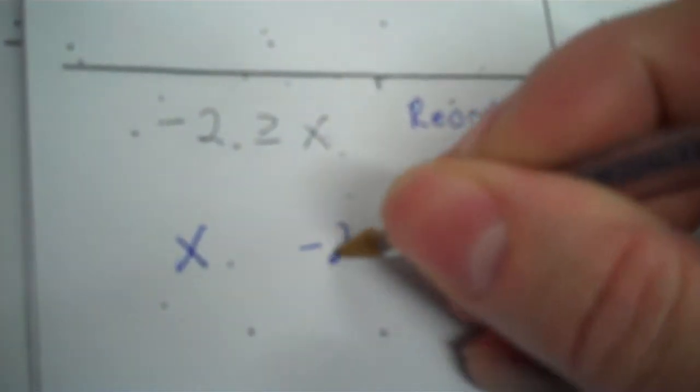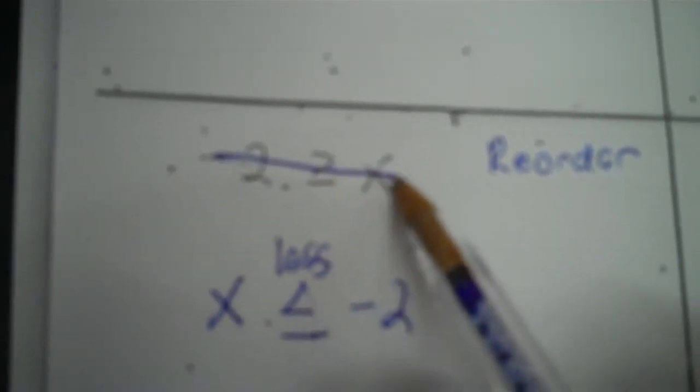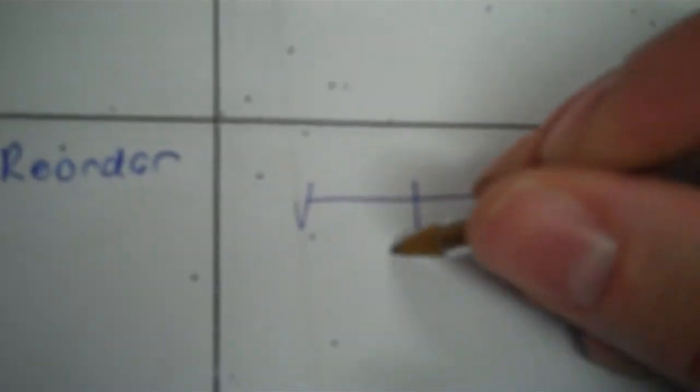You put the x before the -2, and then you need to change the sign to the opposite and cross that out, okay? So now that's less than. -2 is greater than or equal to x, and x is less than or equal to -2. So I need the variable to come first, and you can't get so sidetracked that you miss that.